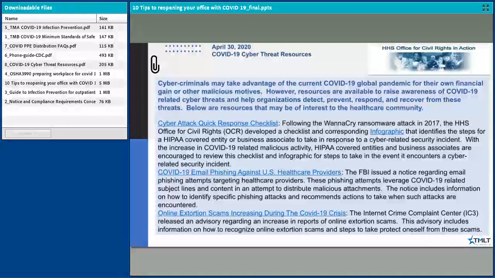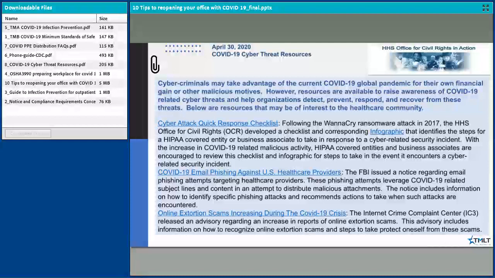There are a lot of resources out there. Some of these are not new. The first one, the Cyber Attack Quick Response Checklist, has actually been available for a couple of years. This is simply you need to have a plan just in case something happens.